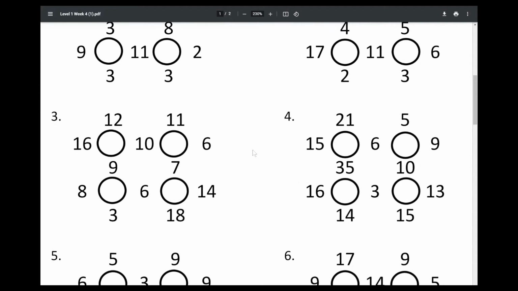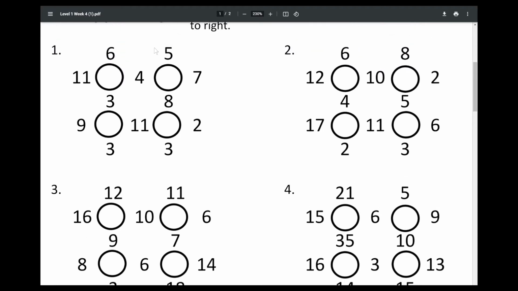Can I know what number 1 was? Yeah, we could look at number 1. So, Thomas, we said number 1 was 11 minus 4 equals 7 this way, 6 minus 3 equals 3 this way, and 9 equals 11 minus 2 this way.